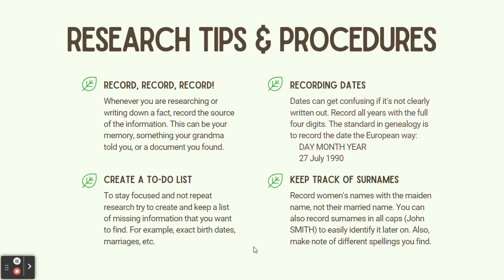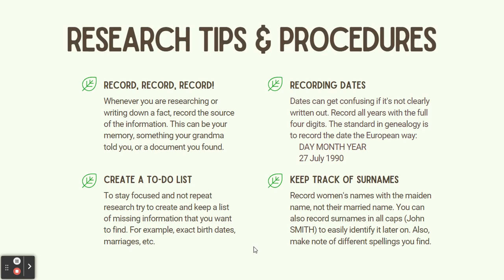And just two different technical things to mention. Dates can be kind of confusing if they're not written in a standard way. So we want to record all years with the full 4 digits. Just as an example, if you're looking at something maybe you found in your house and it says the year was 89.